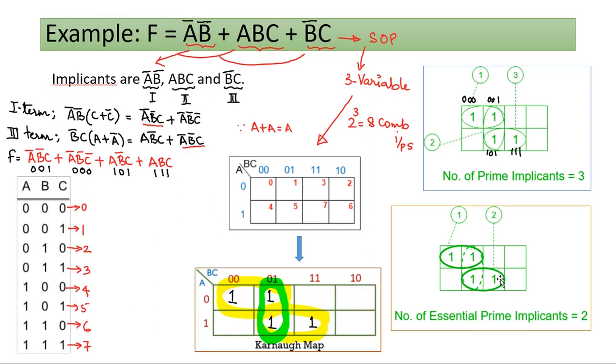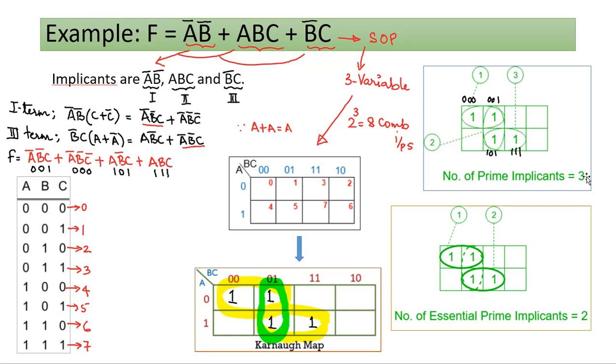Whereas in this other group, you have one implicant which is not present in any other group. So there are two essential prime implicants which do not belong to any other group. That is why the number of essential prime implicants is 2, whereas the number of prime implicants is 3.